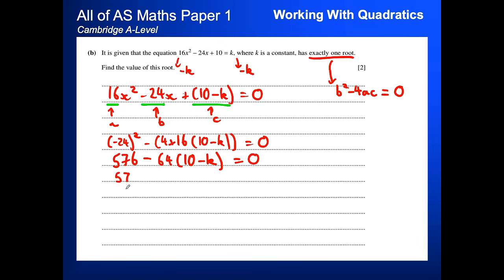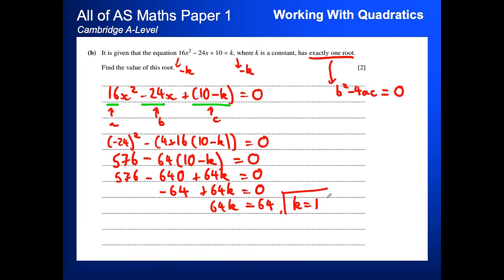So we get 576 minus 640 plus 64k is equal to 0. 576 minus 640, that's equal to minus 64. Plus 64k is equal to 0. 64k is equal to 64. Therefore, k is equal to 1. It's very nice. When you get nice numbers, you know you're probably on the right track.